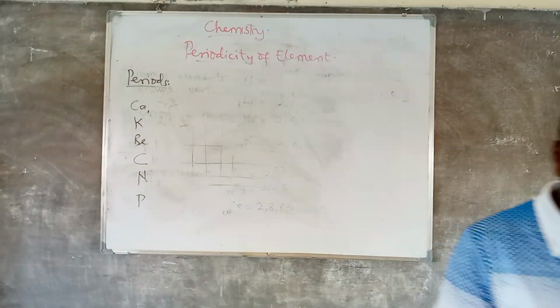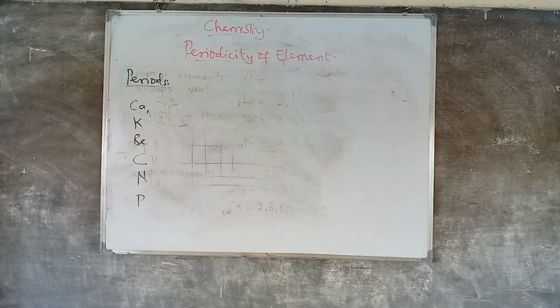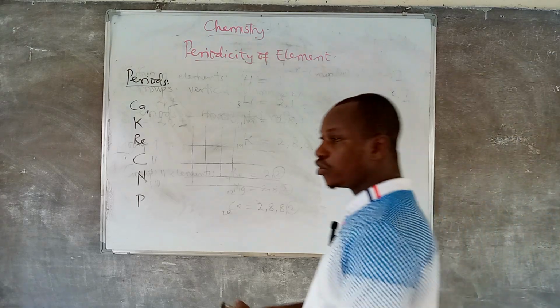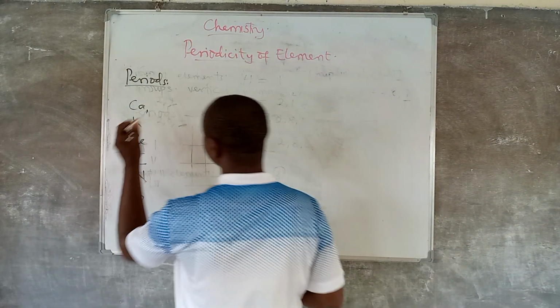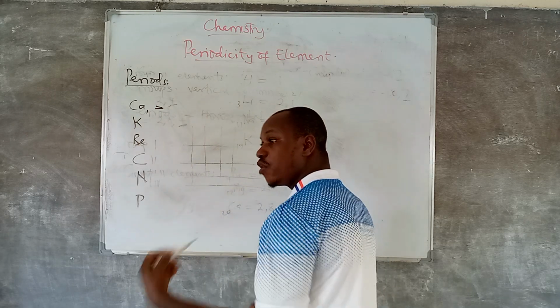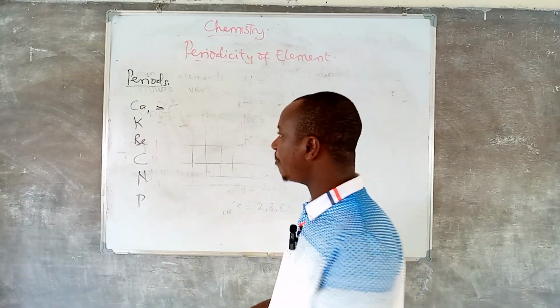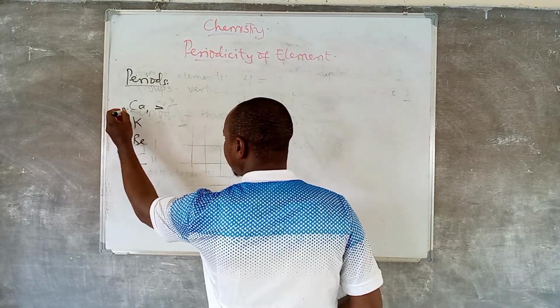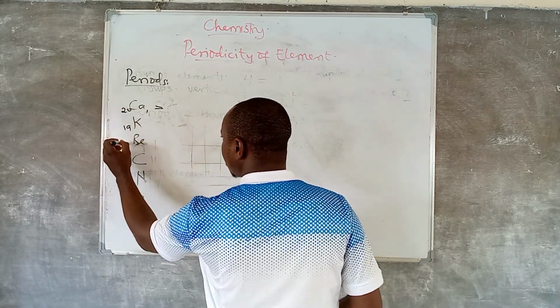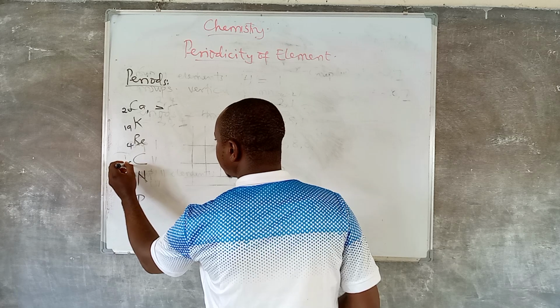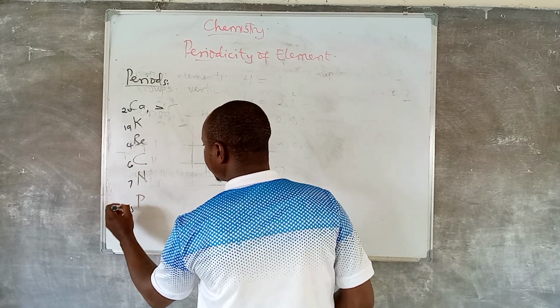Let us consider the period to which these elements belong, assuming you don't know. I'm doing the summary of the electronic structure of an atom using K, L, M. Calcium is 20, potassium is 19, beryllium is 4, carbon 6, nitrogen 7, and phosphorus is 15.